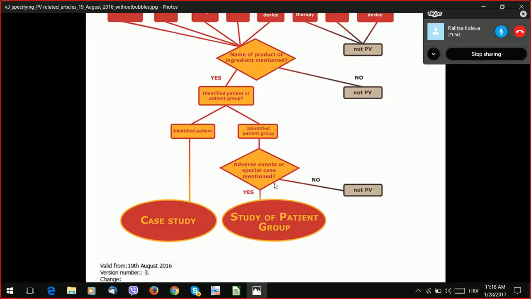Please remember that this criterion has to be met only if there is a patient group discussed in the article. Then you categorize the article as a study of a group of patients. If there is no mention of adverse events and/or special cases in the article, then the article cannot be categorized as PV related, and it is out from reviewing.